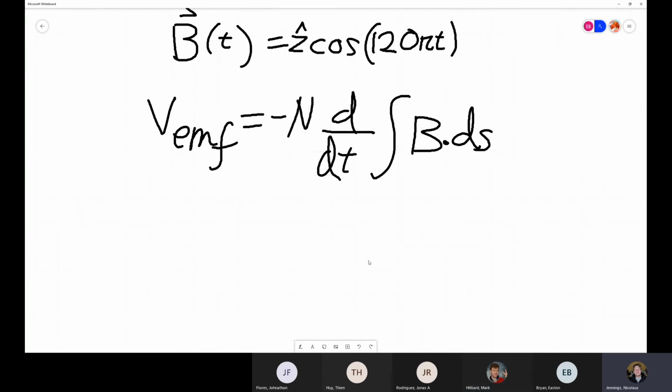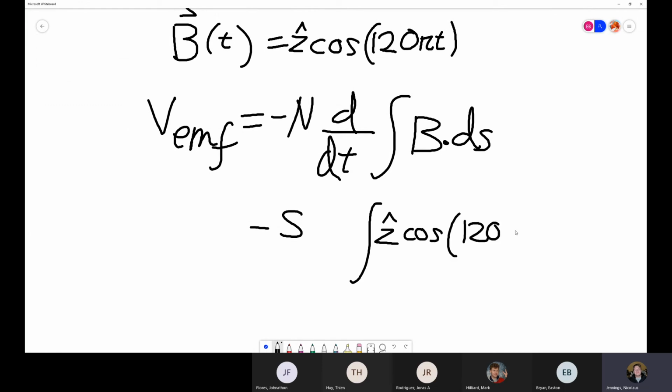This shouldn't be too bad right here. We'll have minus 5, and then we have z hat cosine 120 pi t, and then dS. So this is z hat, I believe. Yeah, z hat dS, so it's just the surface area right here. Luckily for us, these are in the same direction, so we can just get rid of the dot.